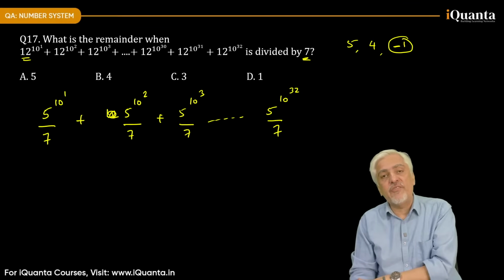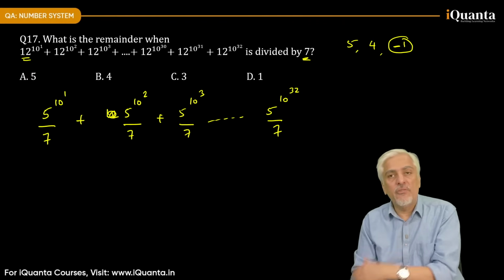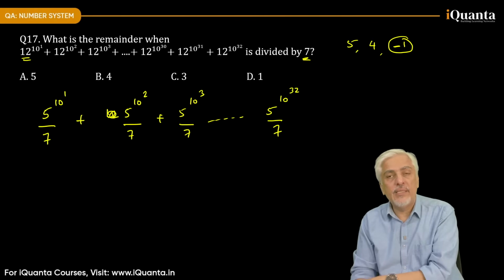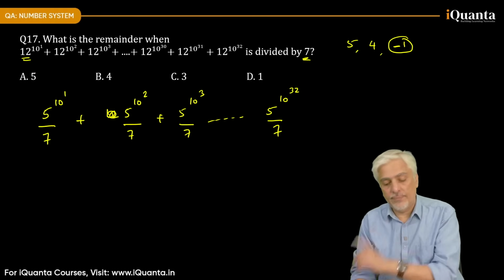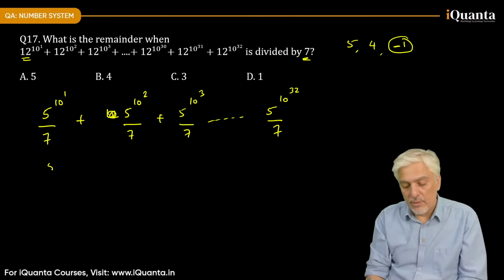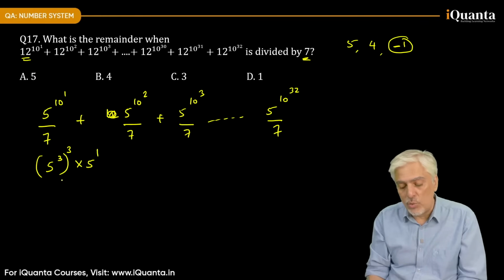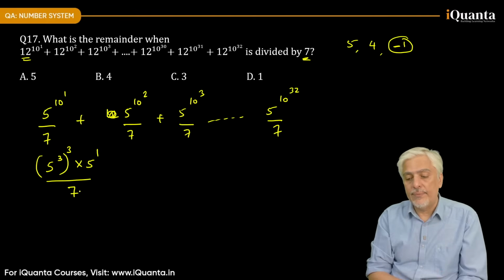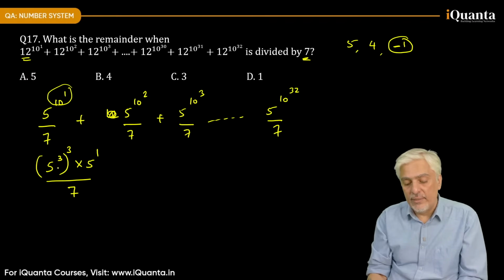So after 3 times, listen very carefully, 5 cube is leaving a remainder of how much? Minus 1. So pay attention everybody very carefully. 5 raised to 3 raised to 3, multiplied by 5 raised to 1, divided by 7. 5 raised to 10, 10 raised to 1 is 10, so I wrote 10 as 9 into 1.